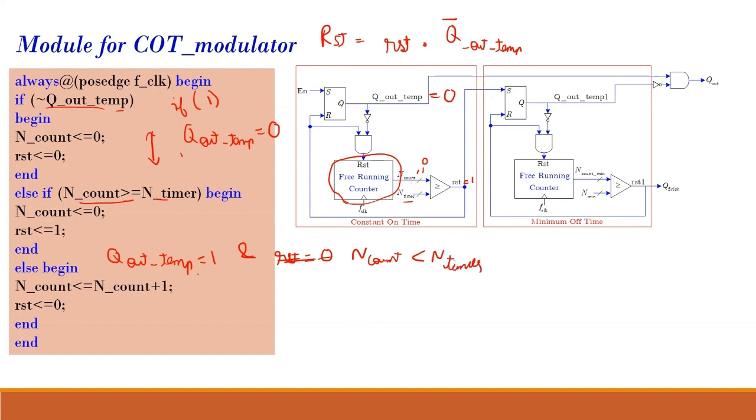In this situation, I will increment n count by 1, and at the same time, this reset will hold the value 0. So this set of code implements my free running counter.